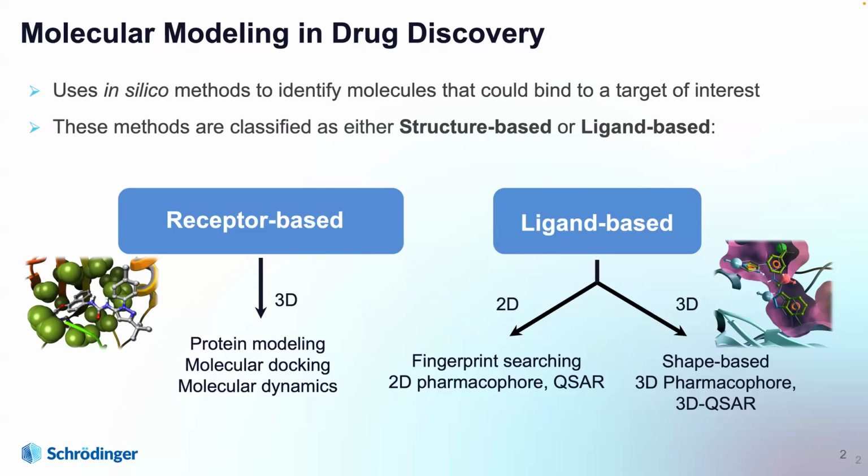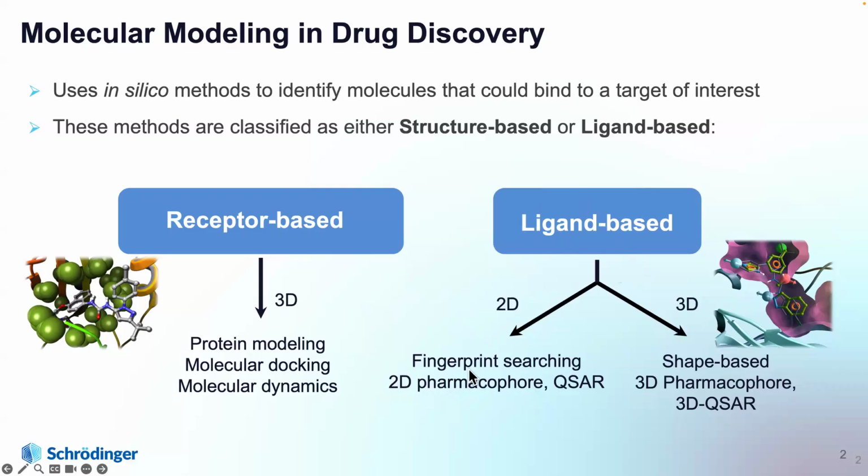But in many cases, if you're working on some project or target, you may not have the structure of the protein. In that case, if you have some compounds with known activity, some experimental data for the ligands, then you can take all the active or moderately active compounds and build ligand-based approaches.